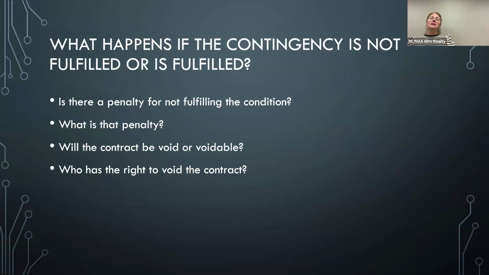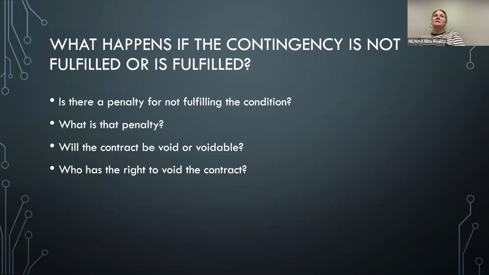Because a lot of times the individual may or may not believe that they have a right, and they think they do. There's been many times the seller's been like, well, I don't want to sell to you anymore because you've asked me for too many repairs. Well, the seller doesn't have the right in our current contracts to void the contract. The buyer has the right to void, because the buyer is the one with the inspection contingency, and the buyer is the one that can say, fine, I'll buy it without you doing anything.